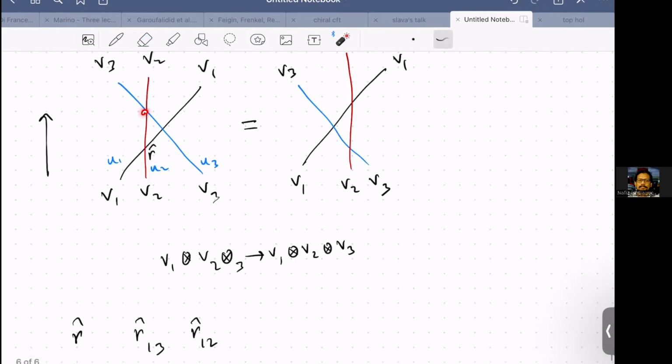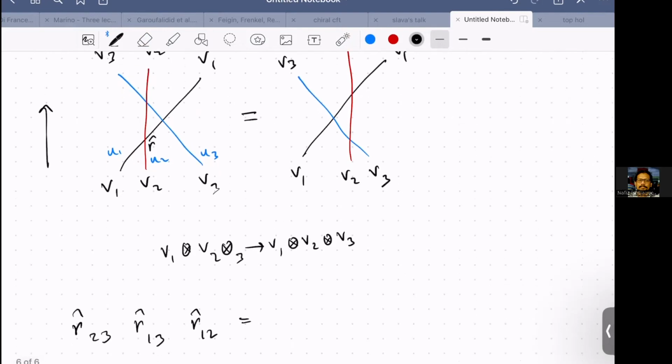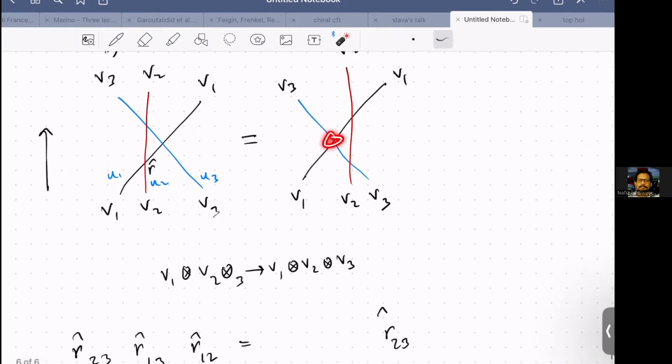And finally, you have something that acts on 2 and 3. So you have R23. And this equation tells you that this composition of R matrices is the same as R23, and then R13, and then R12.